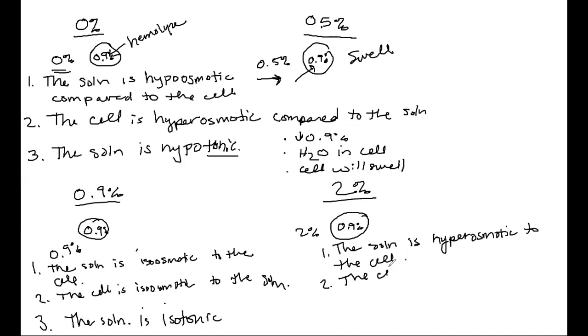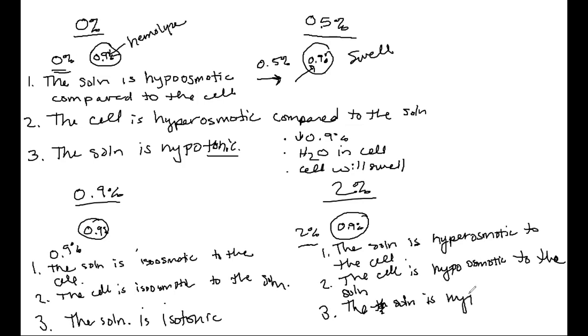The cell is hypoosmotic to the solution, right? And then three, you're naming this outside solution, and it's more particles. So what do we call that? Good. The solution is hypertonic.